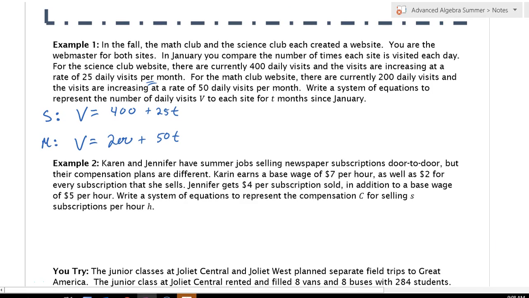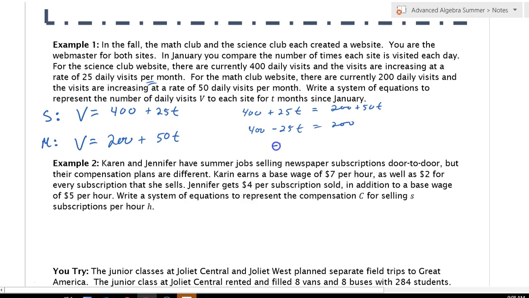Let's go a step further here, and let's say we want to solve these, so when these 2 things are going to be equivalent. I would have them both solve for V, so I could just set them equal. So it would be 400 plus 25T is equal to 200 plus 50T. Let's say I want to move my T's to the left. So I'd subtract 50T from both sides and get 400 minus 25T is equal to 200.